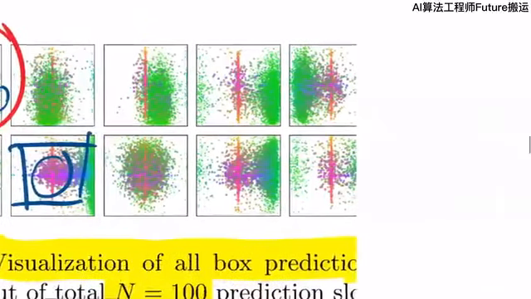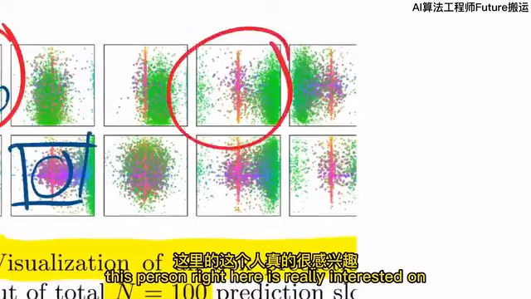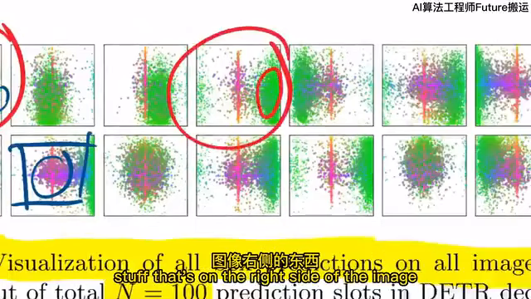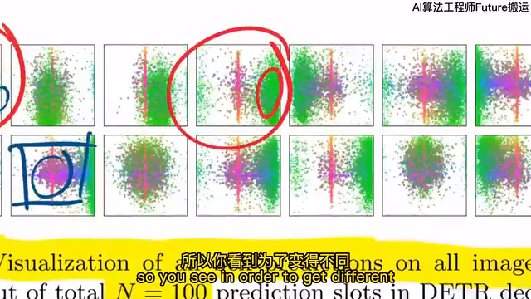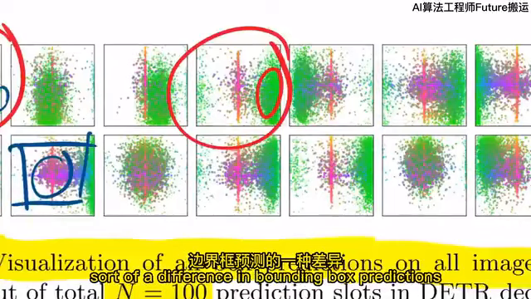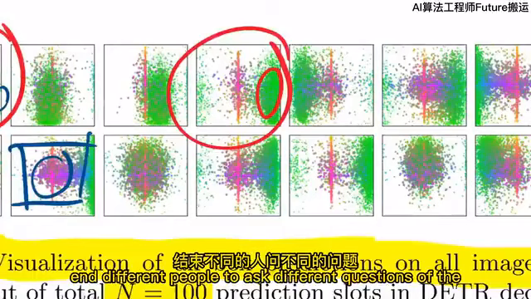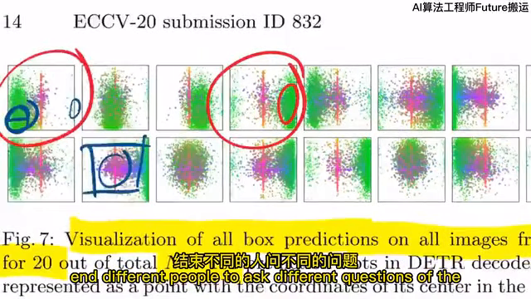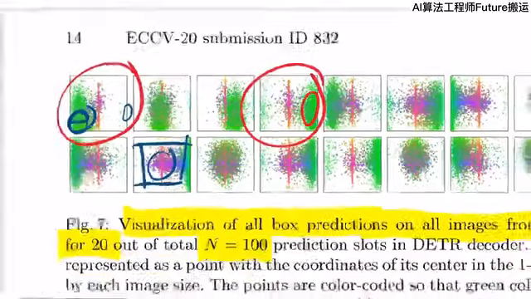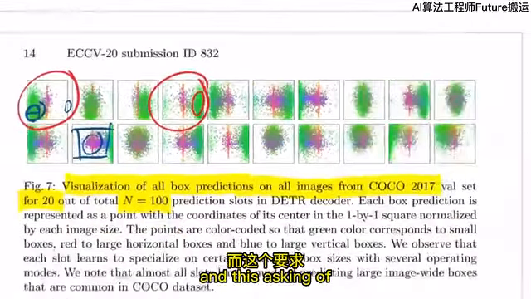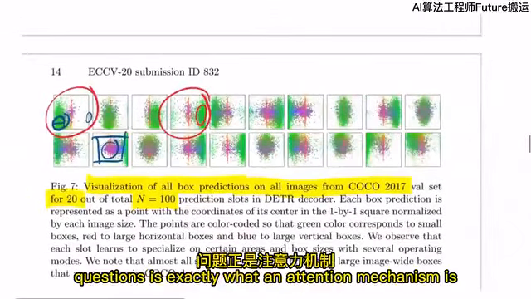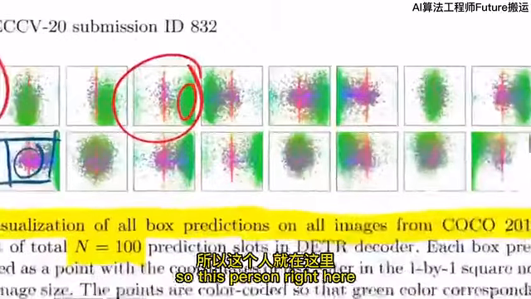And then this person right here is really interested in stuff that's on the right side of the image. So you see, in order to get a difference in bounding box predictions, you train n different people to ask different questions of the input image. And this asking of questions is exactly what an attention mechanism is.